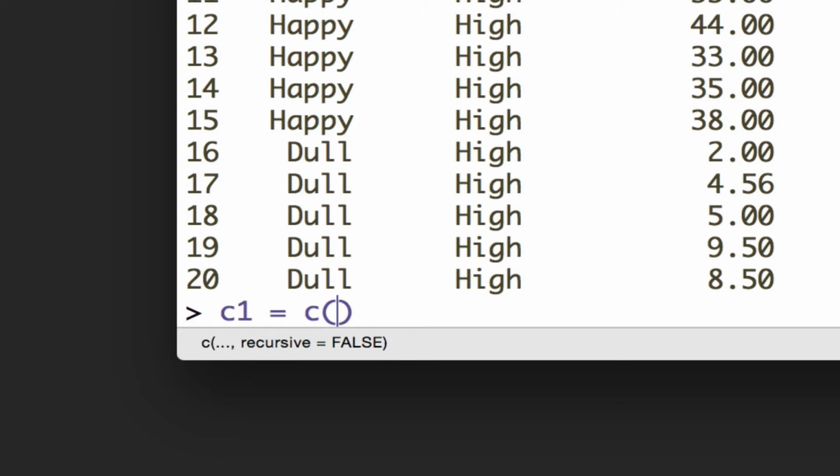So if I want to compare the happy and dull message within the low relevance condition, then I take my two groups that I know are low relevance, give one a positive sign and one a negative sign, because the way it decides which things to compare is based on the sign.